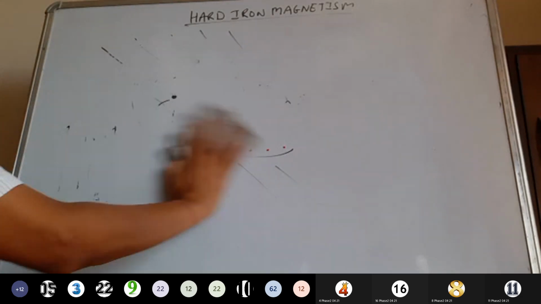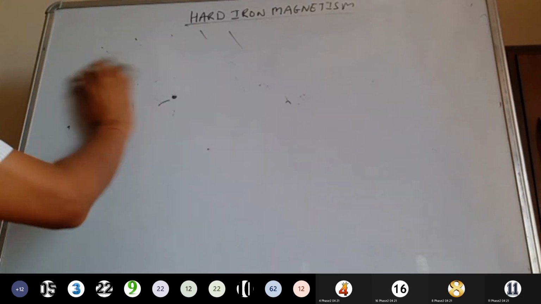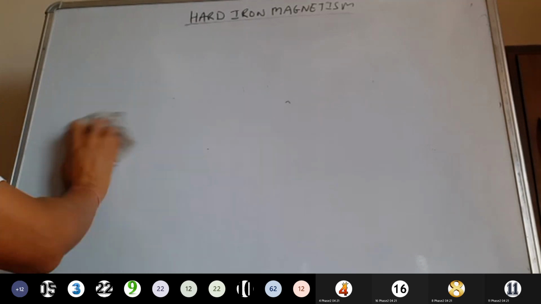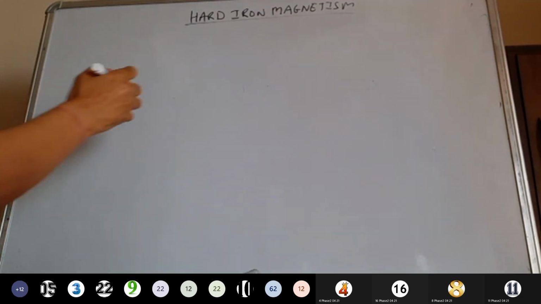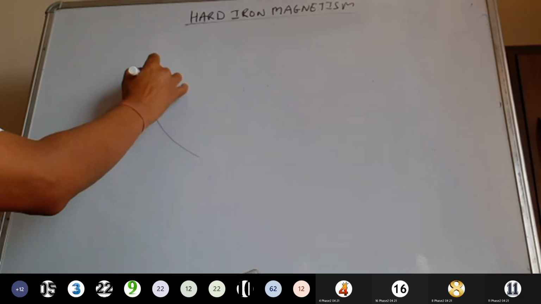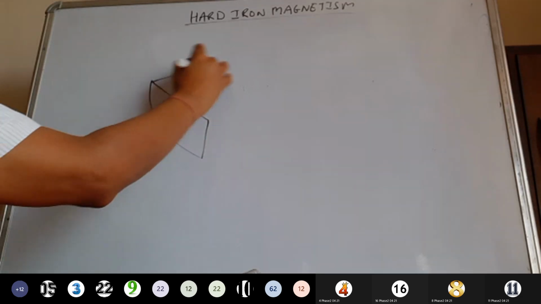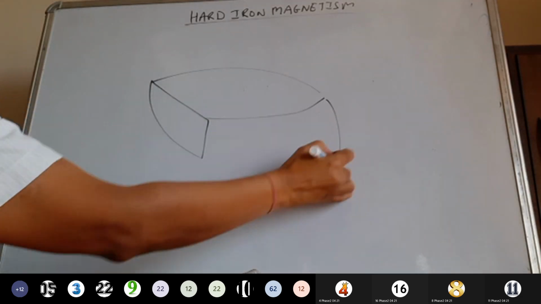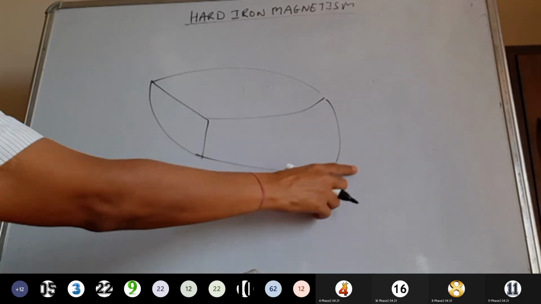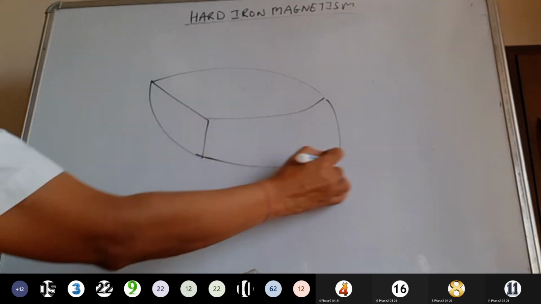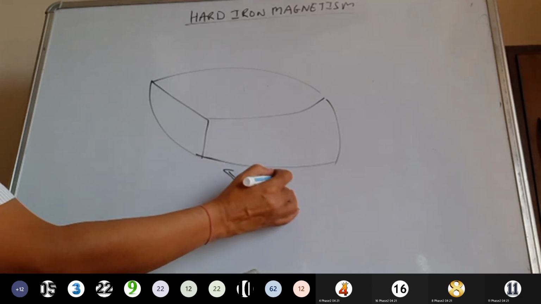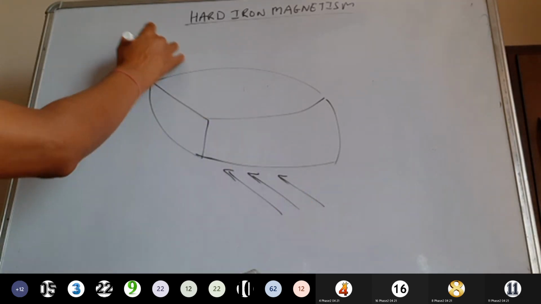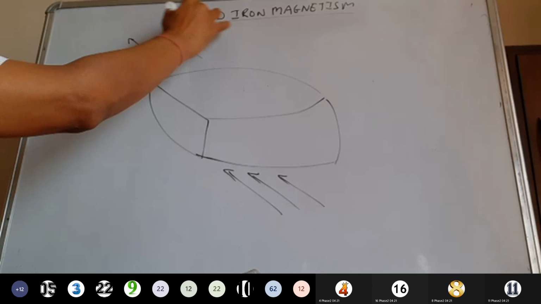Then we can show another diagram. Let us say the ship is being built like this. Here the direction of the Earth's magnetic field is coming in this direction and it is going in this direction.